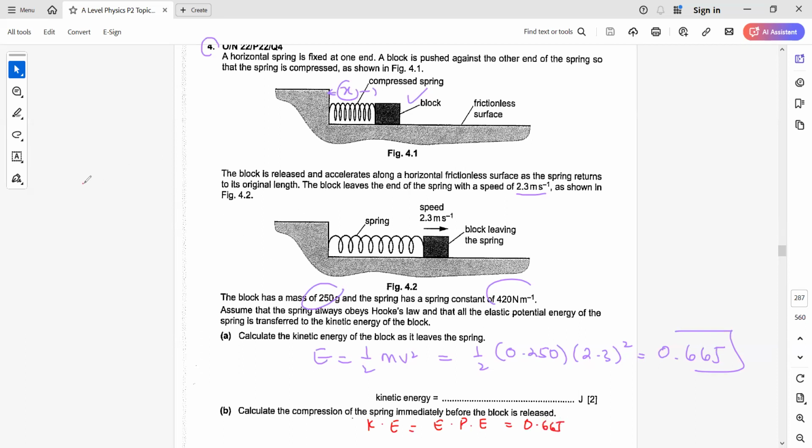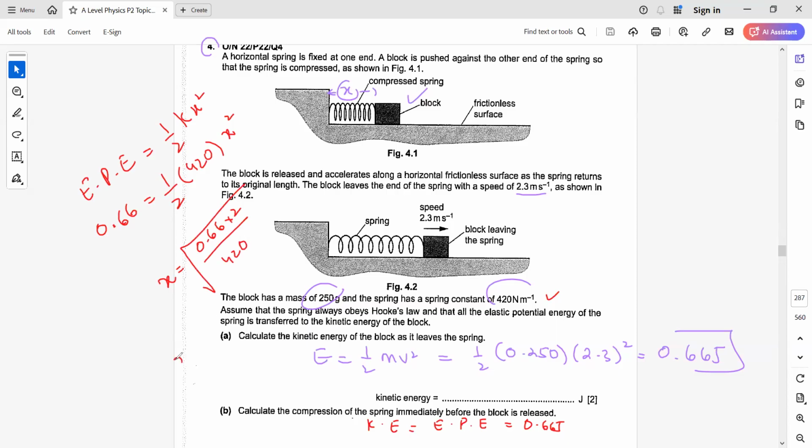And then if you use this formula, EPE would be half kx squared. The elastic potential energy is 0.66, half k is already given in the question, that's 420. Okay, so x is going to be the square root of 0.66 times 2 over 420. So what do I have for x? Well, it comes out to be 0.056 meters.